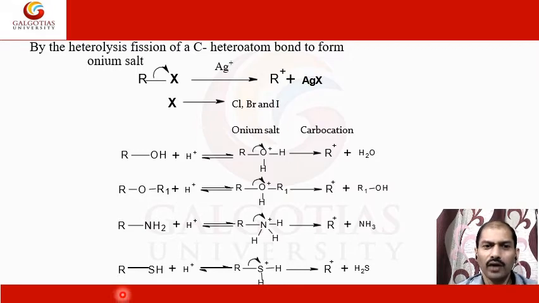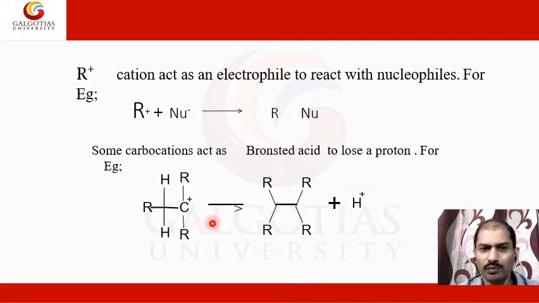Likewise, there are a number of other routes, like alcohols, such as methyl alcohol. You can also produce these species from different amino groups, amides, and so on. From these types of starting material, you can synthesize these carbocations. So these are the ways of formation.